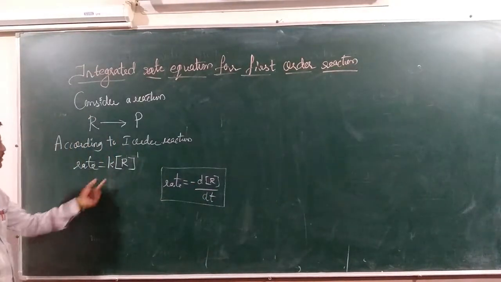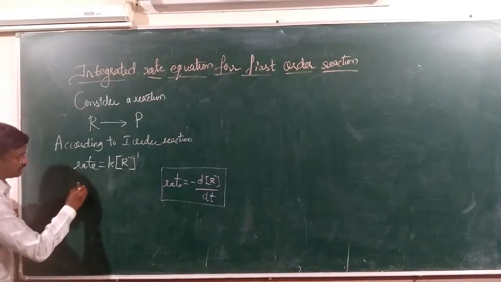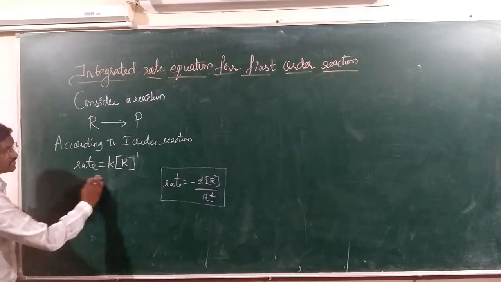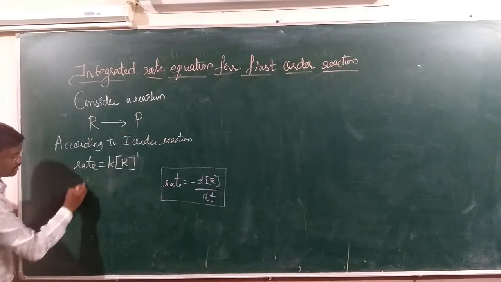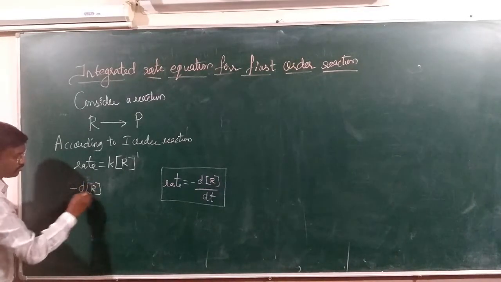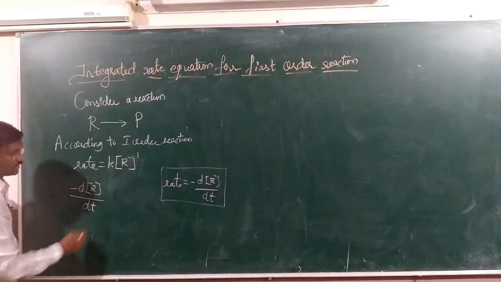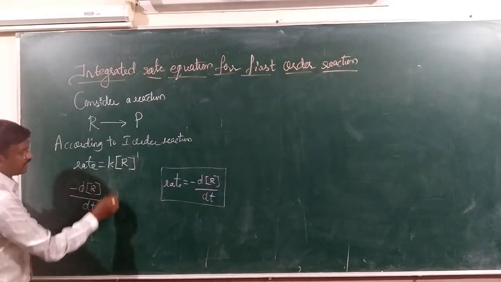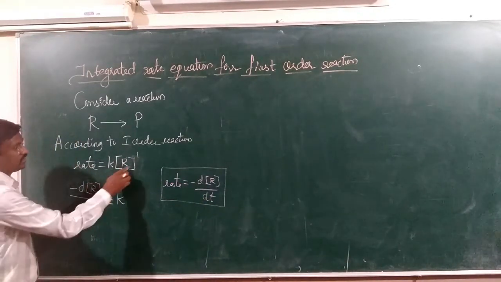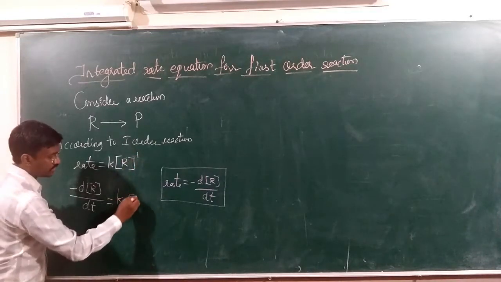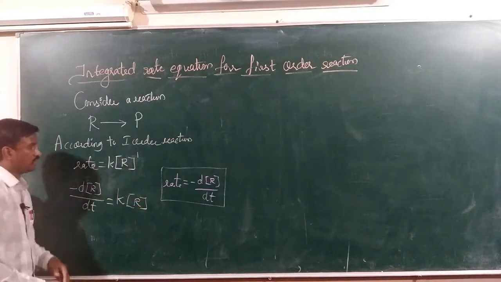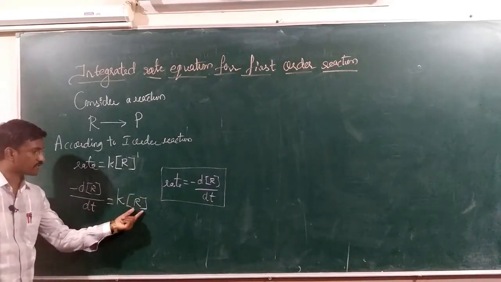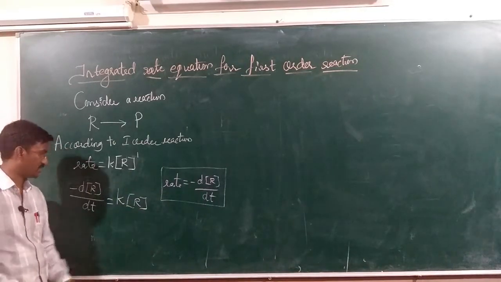We substitute this into the rate expression: minus dR upon dt is equal to K, the rate constant, into R raised to 1. Anything raised to 1 remains as it is, so the concentration of the reactant stays the same.